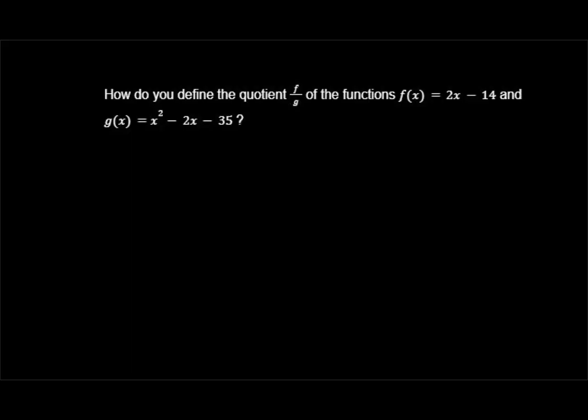In this example, we're finding the quotient of f over g for the functions f of x equals 2x minus 14 and g of x being x squared minus 2x minus 35.